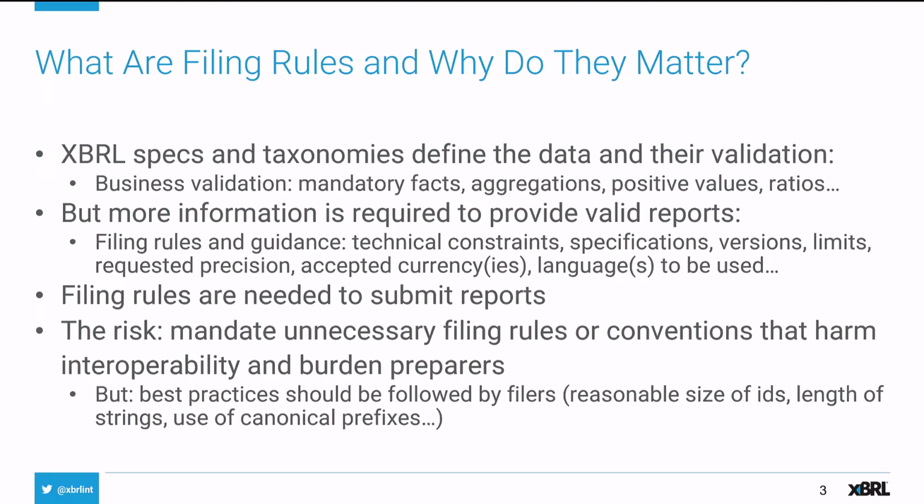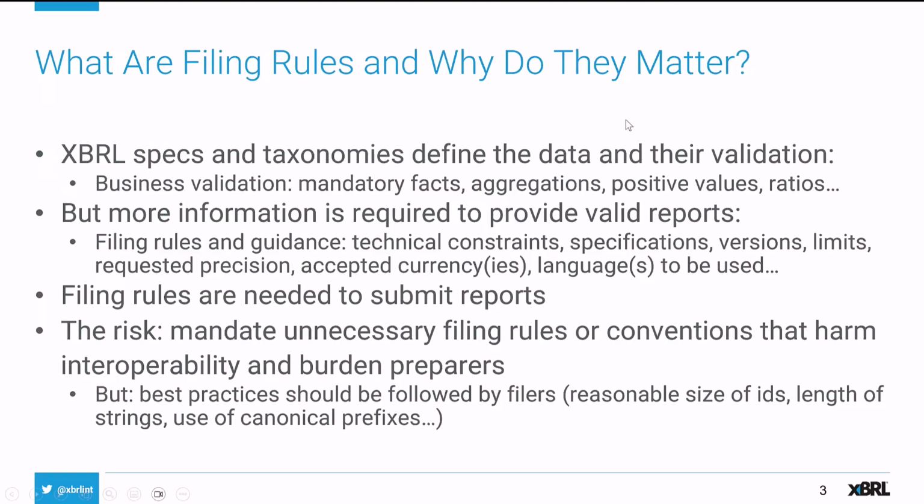We limit to the maximum. For example, we forbid a lot of things. For example, duplicate information, duplicate context, and so on. We will discuss how to determine this balance and what is the kind of filing rules to be defined.